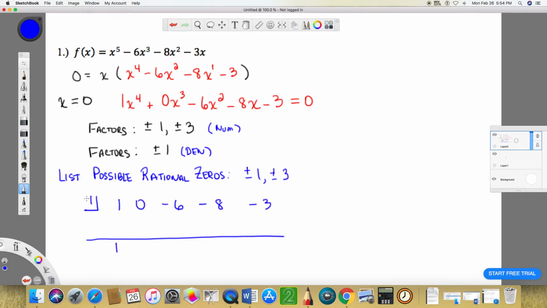Then I'll know that that value is a 0. And positive 1 is not going to give us a 0. Let's try negative 1.